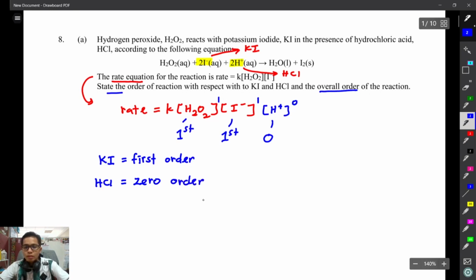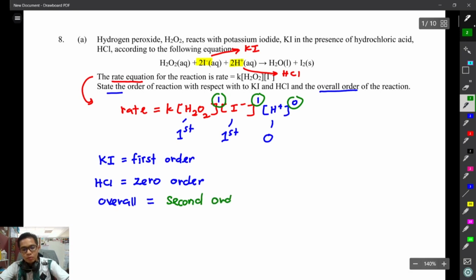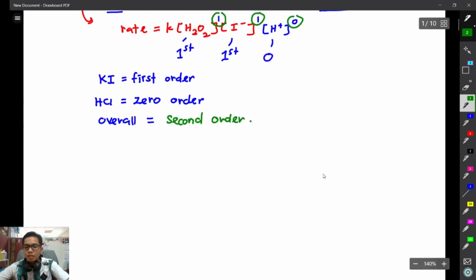And then overall is equal to the sum of each order for each reactant. So 1 plus 1 plus 0, so it should be 2, which means second order. Okay, so this is for the first part in question number 8A.